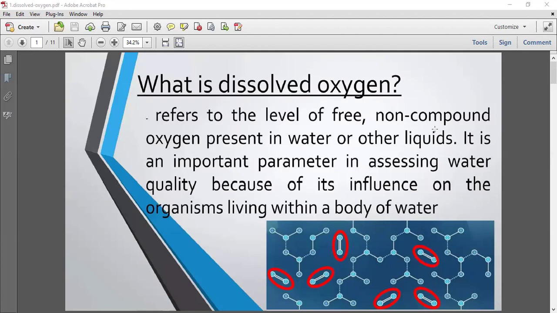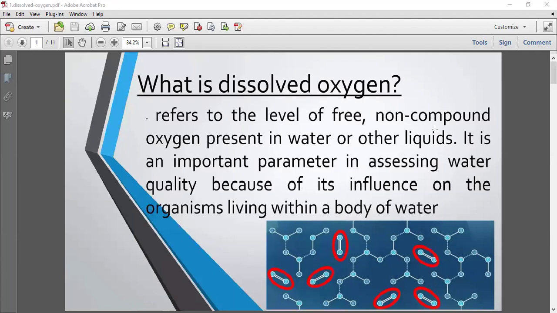Normally, when we take a fish out of the water, it can't live on atmospheric oxygen. It needs only the dissolved oxygen in the water.